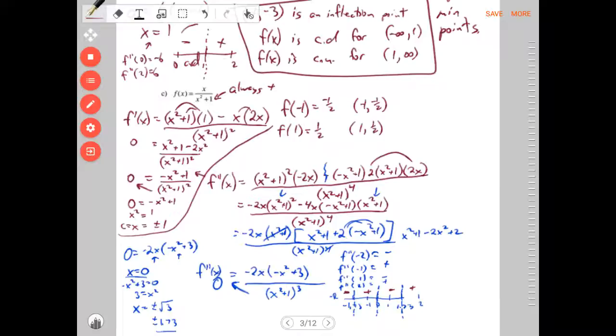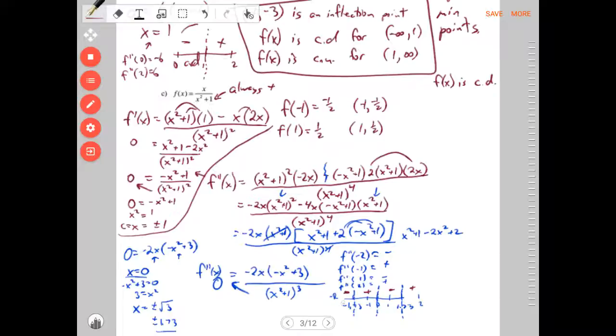Wow, this is crazy. I'll write up here for now. f of x is concave down. Those are the negative ones.